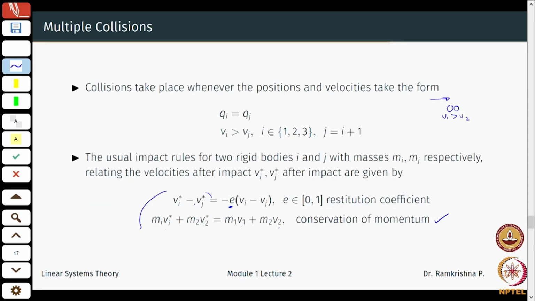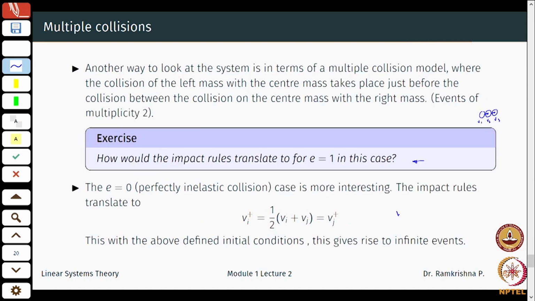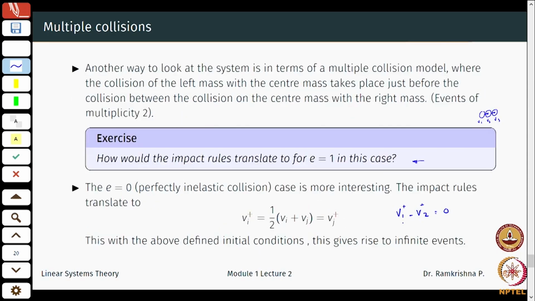If I rewrite this, Vi minus Vj, or say V1 minus V2, with E equal to 0, will be 0, just after impact. That will be the first rule. The second rule tells me M1 V1 plus M2 V2 is this. M1 is 1, so V1 plus V2 is again V1 plus V2. Then you keep on writing this, and you arrive at a general expression like this.